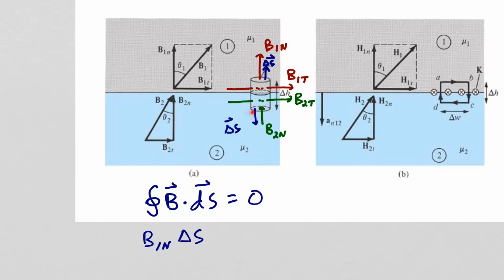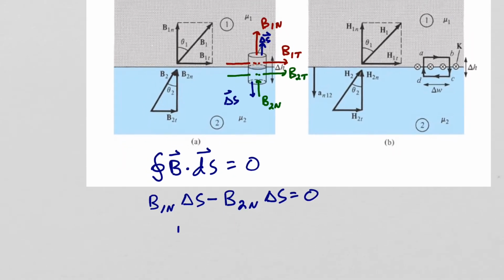On the bottom surface, B sub 2 normal is in the opposite direction of delta S, so the integral of B dot dS around the bottom surface is going to be minus B sub 2 normal delta S. So B sub 1 normal is equal to B sub 2 normal, so we see the normal components of the magnetic flux density field will be continuous.